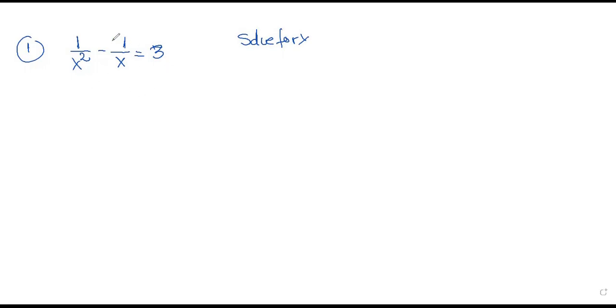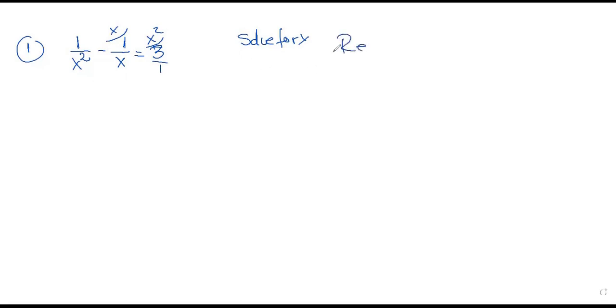You amplify the second fraction by x, and amplify this, because this is over 1, by x squared. You state first the restriction.